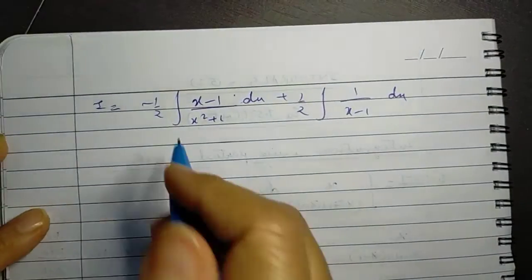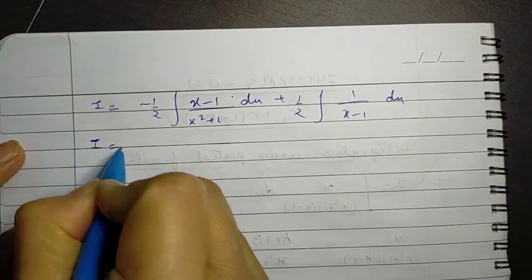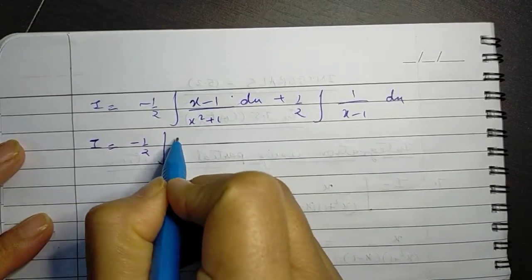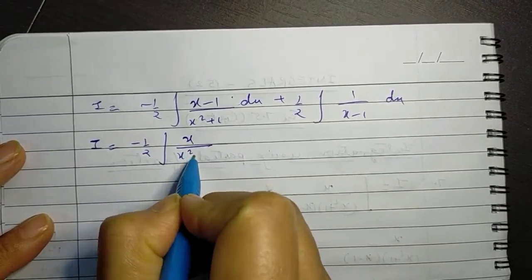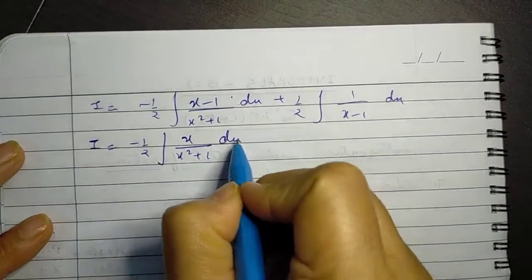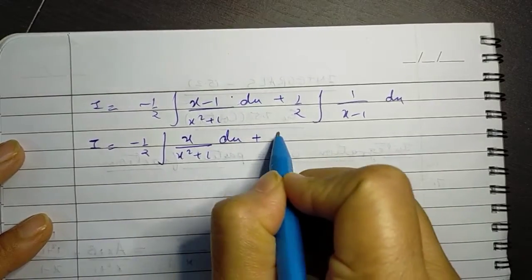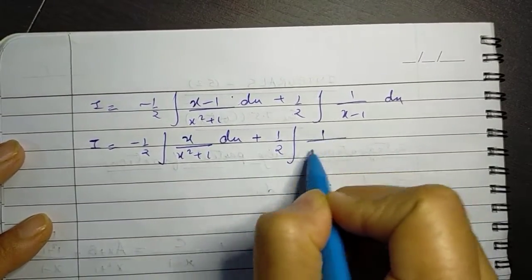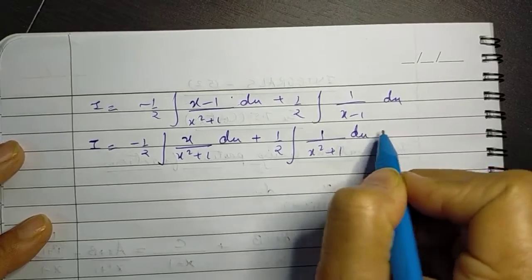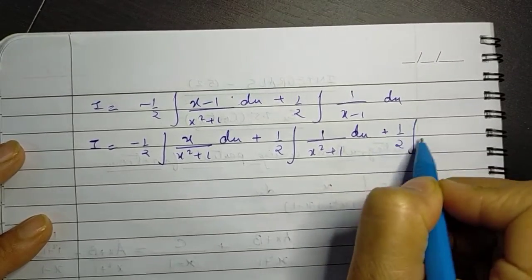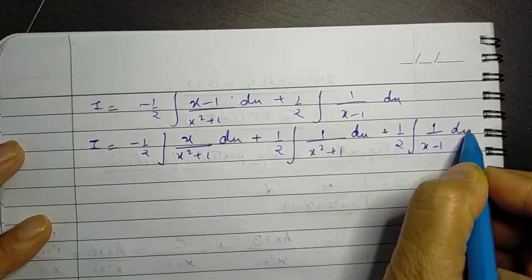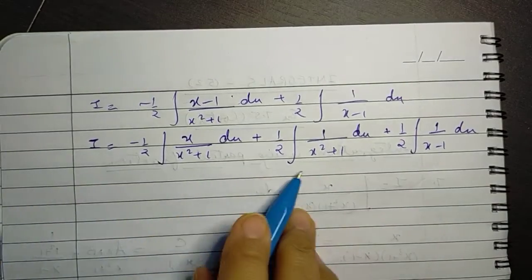Now this can be easily solved as minus half of the integral of x over (x squared plus 1) dx, minus of minus becomes plus half of the integral of 1 upon (x squared plus 1) dx, plus half of the integral of 1 upon (x minus 1) dx. Now we know the result for each one of them.